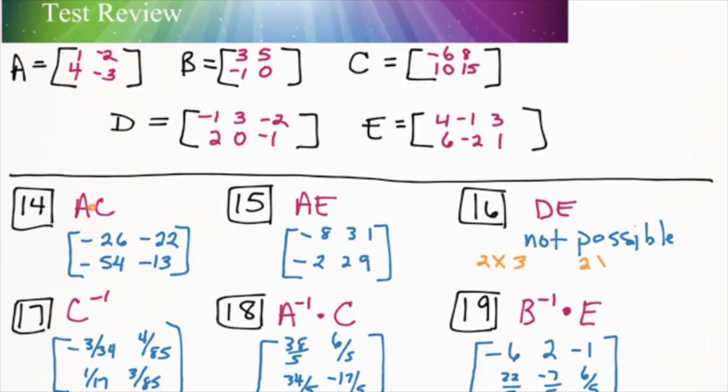Remember that sometimes it's not possible because D times E, the dimensions don't match. So D is a 2 by 3, E is a 2 by 3. Well, the reason why they don't match is because the two middle numbers are not equal. The two middle numbers have to be equal, like I show here with the 3 and the 2. Okay? Again, the inverses are like 17, 18, and 19.